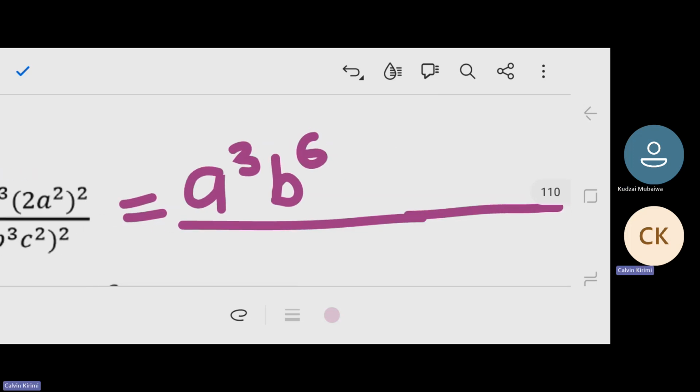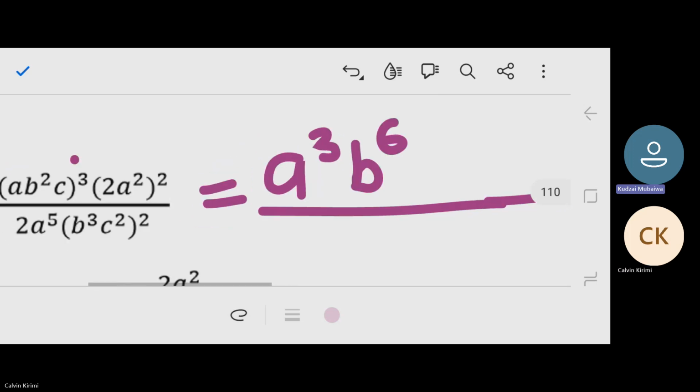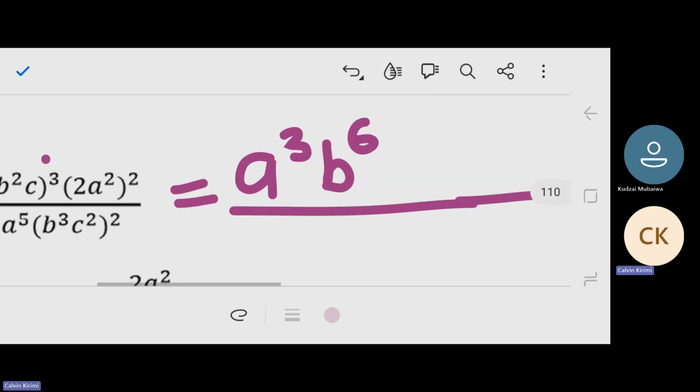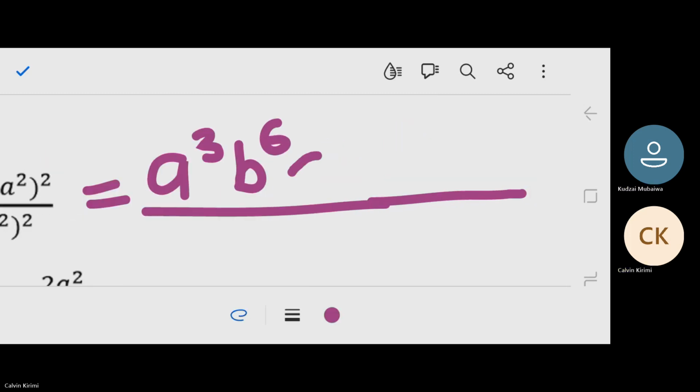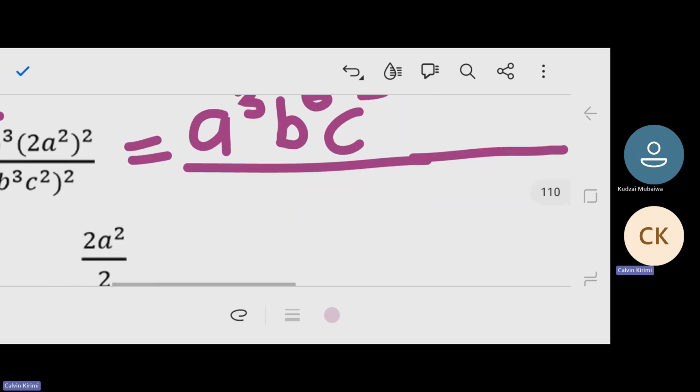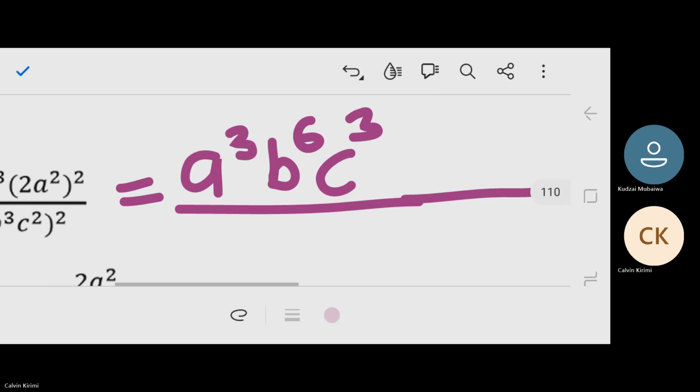Then let's go to that 2. 2 squared is what? So we left the C, it will be C cubed. Then let's go to the next one. 2 squared is 4.